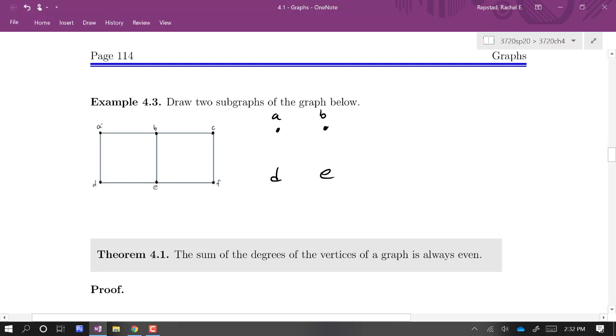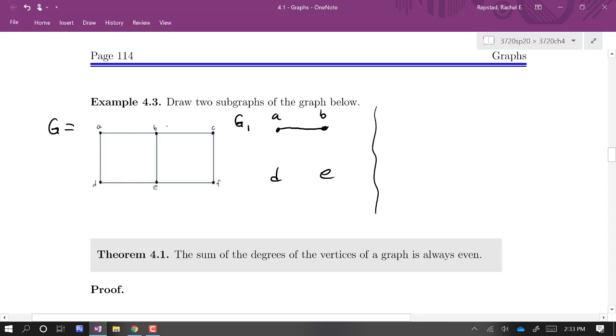And of those edges that are there, maybe I just grab this edge, and that's it. I can grab a vertex without grabbing edges that are connected to it. I cannot grab an edge without grabbing the vertices that are connected to it. So there's one subgraph. If I call this G, I could call this subgraph G1.